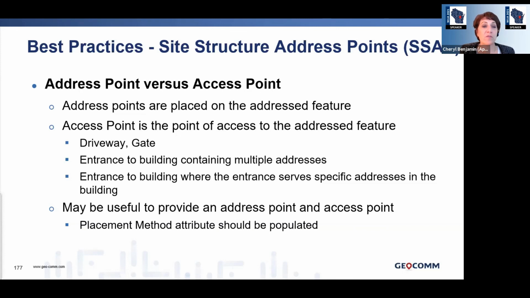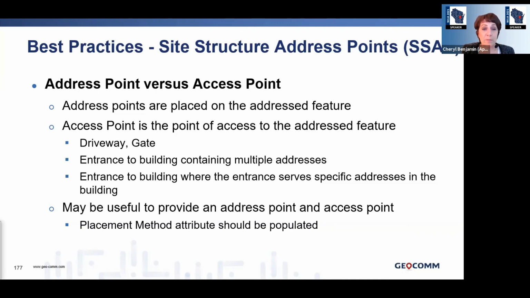And if you have a large structure site, particularly those that have multiple entry points, a lot of times it's beneficial to have the address point not only placed on the structure, but also at the entrance to that property. Those are the access points. And those can be really useful for directing the emergency responders to a structure that might be located far from the road that it's addressed off of, or maybe one that shares a driveway with many of them.